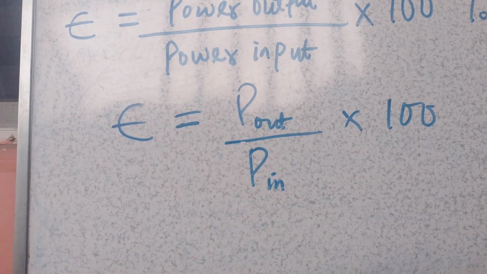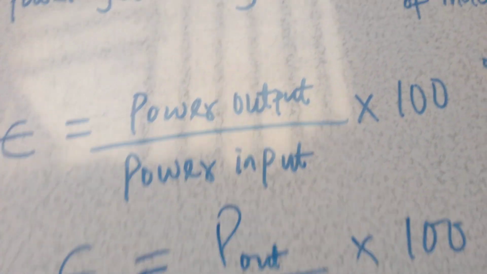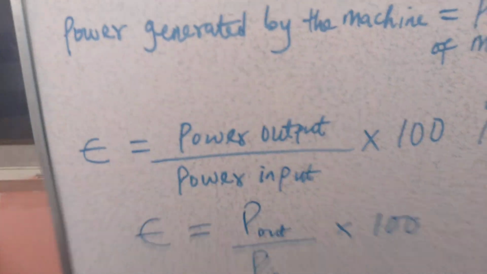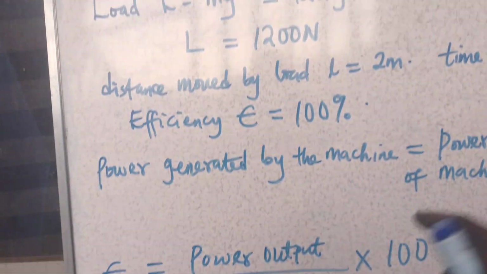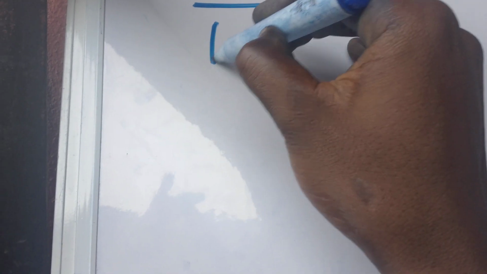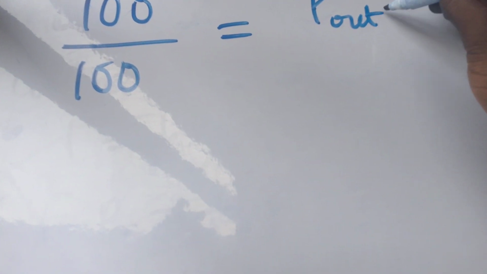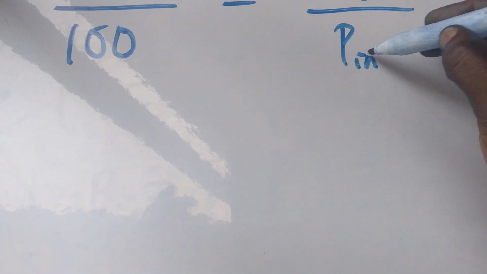All right. However, we are told that the efficiency is 100%. So if I put this value now into that formula, this is the formula we're using. Now the efficiency was given to us as 100%. Converting 100% to fraction, that is 100 over 100, is equal to P output over P input.